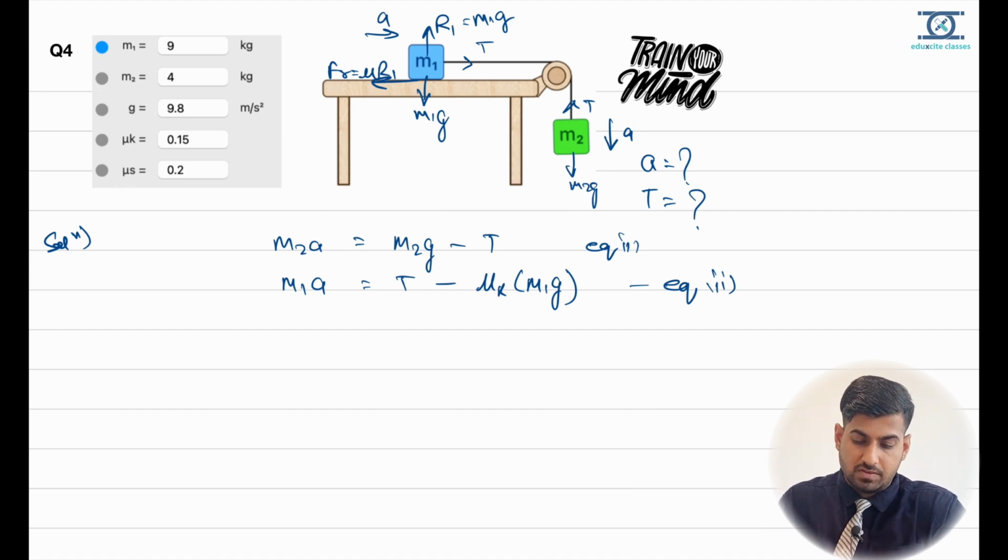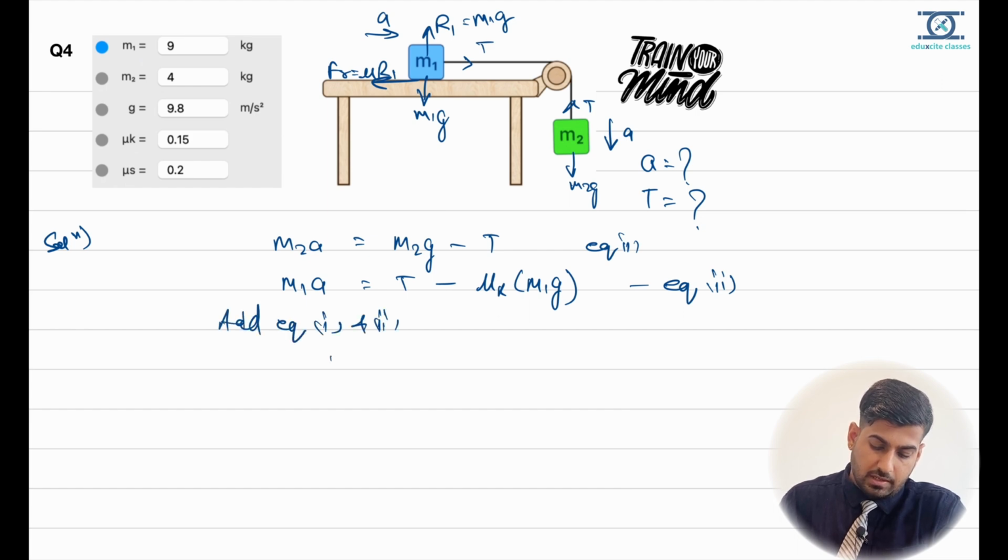Now what I will do is first find the acceleration, and using the acceleration I can find the tension. So adding equation 1 and 2, you will get M1 plus M2 times A equals M2G minus T, and T gets cancelled, plus T minus mu K times M1G.